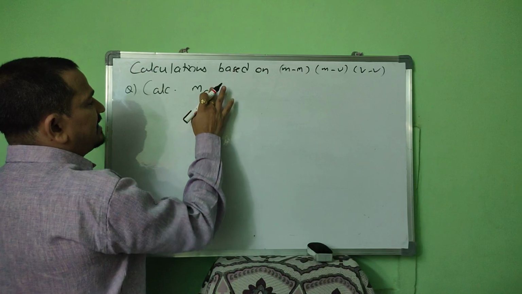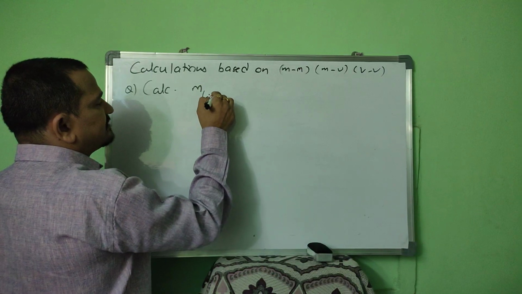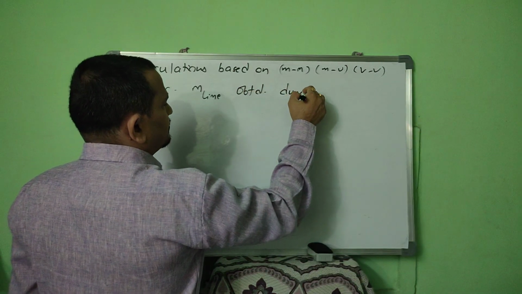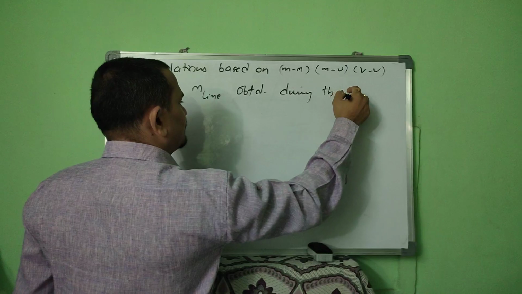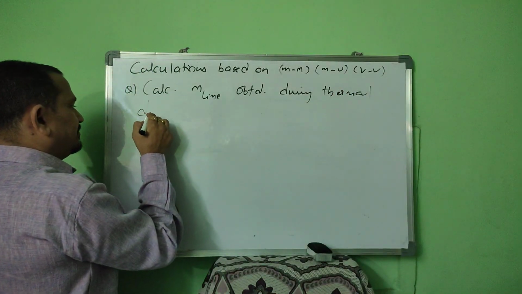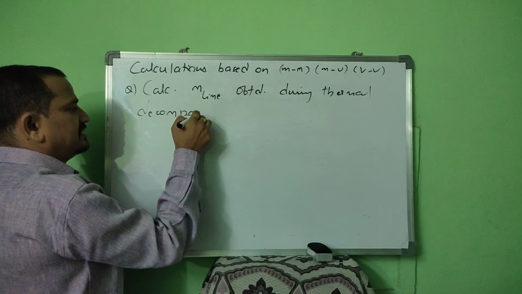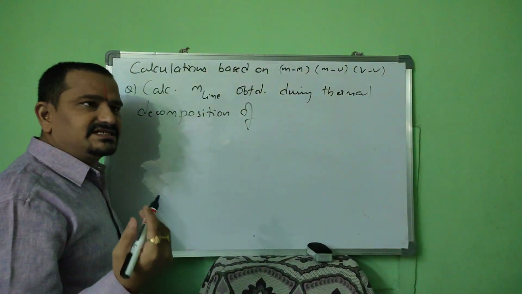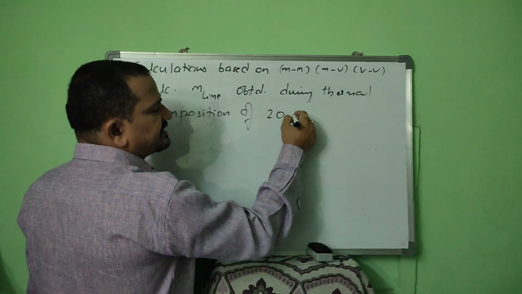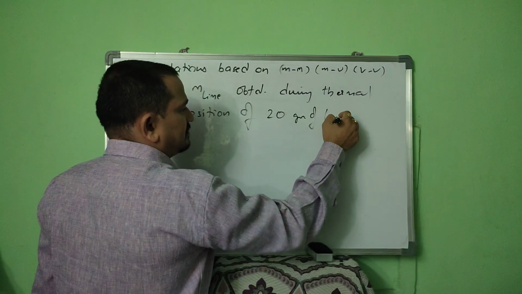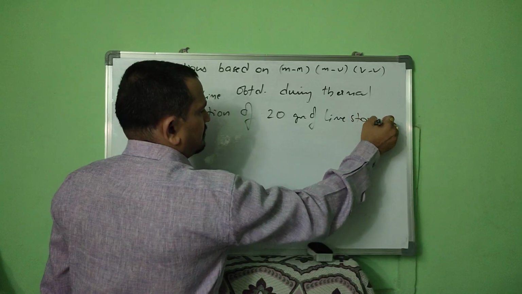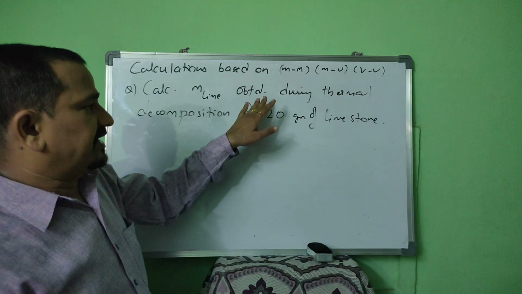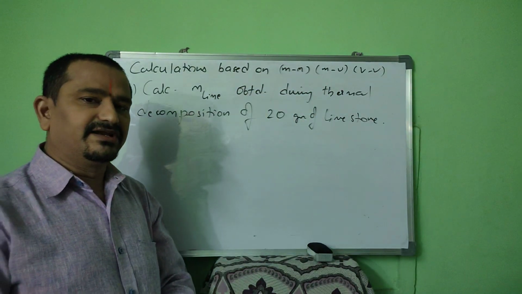Calculate mass of lime obtained during thermal decomposition of, suppose, 20 grams of limestone. Some question, right? Calculate mass of lime obtained during thermal decomposition of 20 grams of limestone.